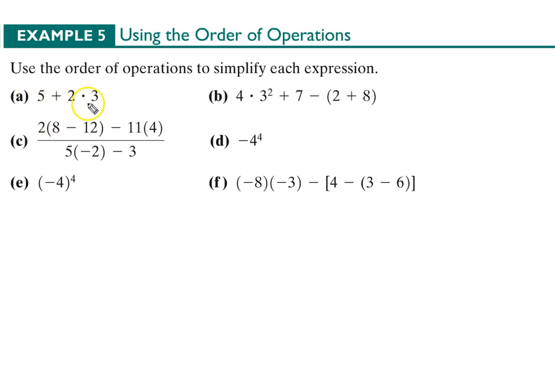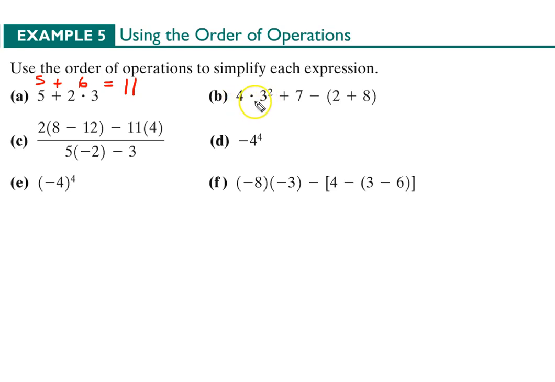Well, in case A, we're going to do the multiplication. And I would suggest that you try it first to see how you would end up. So this is going to be a 6 here. 6 plus 5. This will be an 11. So they gave you an easy one here.